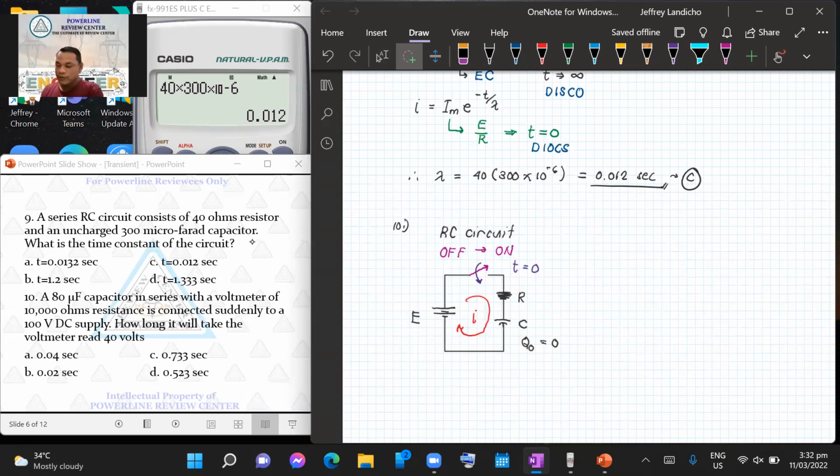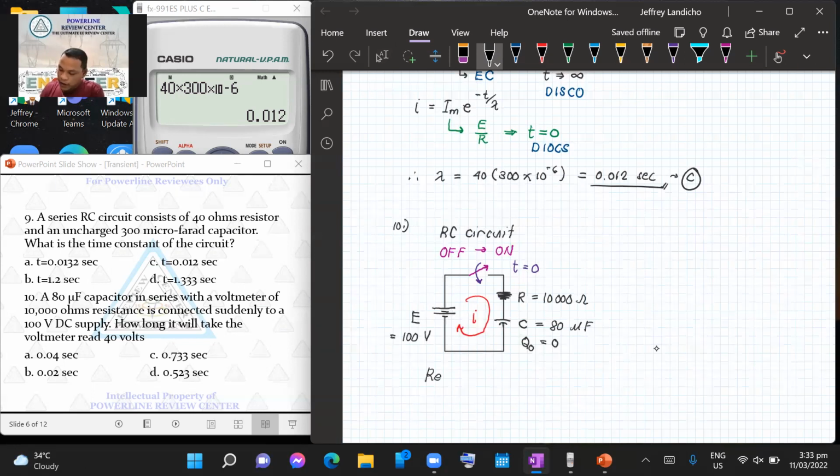Ang ating assumption, unless otherwise, this capacitor is initially discharged. So, binanggit ng problem, the capacitance of this capacitor, 80 microfarad, and the equivalent resistance of our voltmeter in series with this capacitor, that is what? 10,000 ohms.